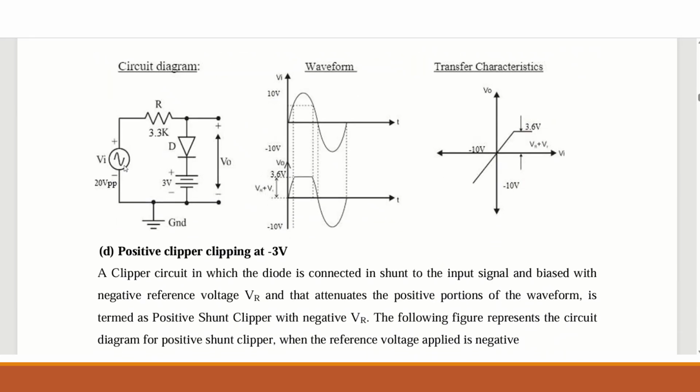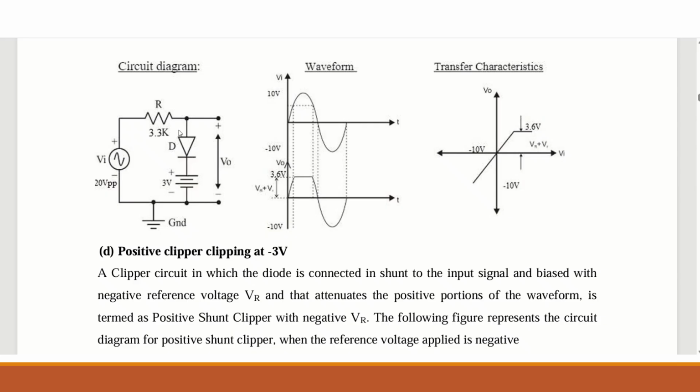When the positive half cycle of the input voltage is applied and the cut-in voltage of the diode reaches 0.7 volt, the diode will conduct, and the diode and battery supply become a series connection. So the cut-in voltage of the diode and the battery supply add, and the total output voltage will appear at 3.6 volt.